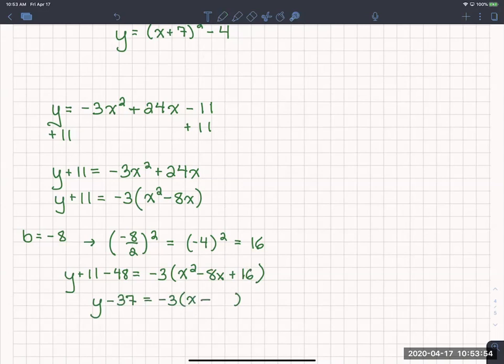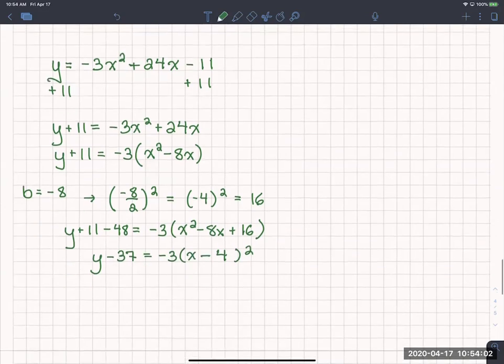So the square root of 16 is 4 squared. Now we finally finish up by adding the constant term back to the right side of the equation. And that's my final answer.